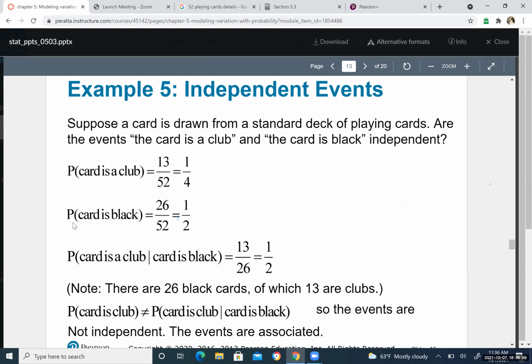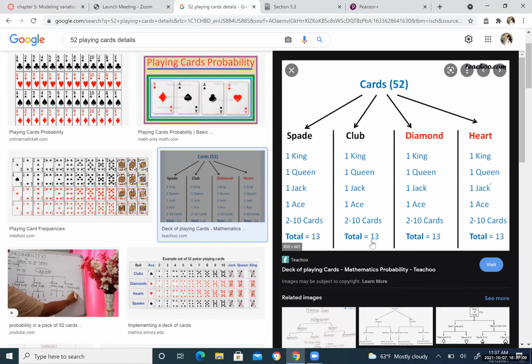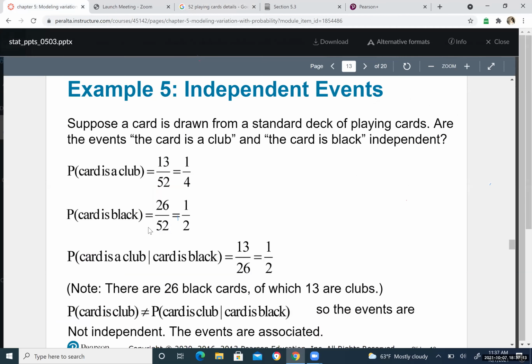Similarly, with the probability that the card is black, we have clubs and spades. Spade and club, you add up, it will be 26 out of 52. Right? So you reduce, and you get these two values.